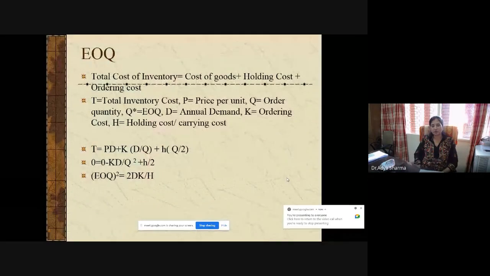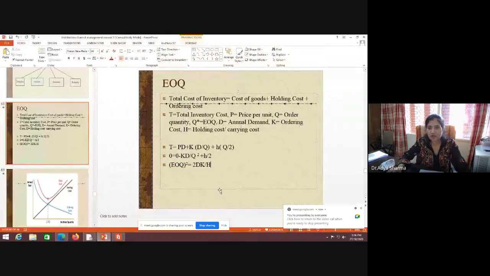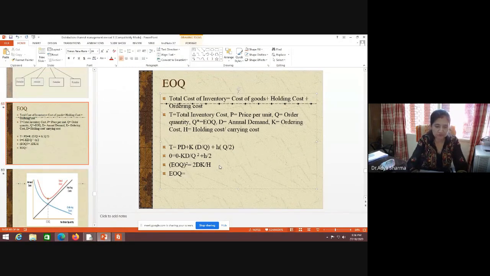And this is your equation. Economic order quantity squared is equal to 2DK by H, where D is the demand, K is the ordering cost, and H is the holding cost. This would further result in EOQ equal to the square root of 2DK by H, right?